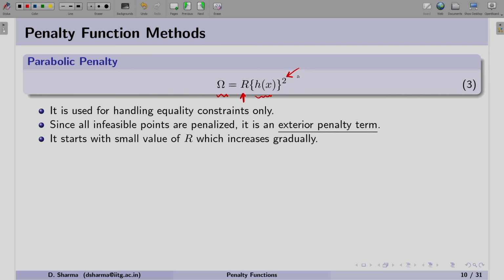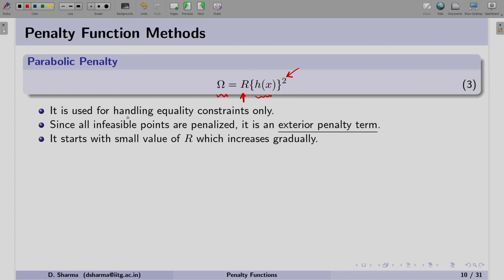This square is important because when we have this equality constraint, meaning the left hand side equals the right hand side, then whenever a point is infeasible, the value of h(x) can be negative as well as positive. Here we are considering the minimization problem. So whatever the penalty or constraint violation we get, we have to square it, so we are always adding a positive value to the objective function for the minimization problem.